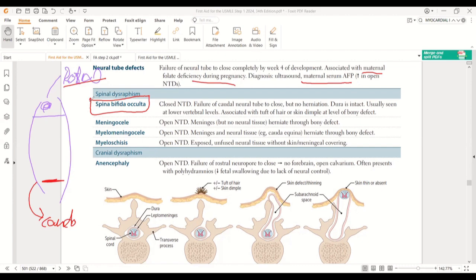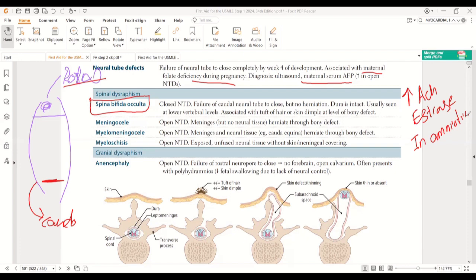It is normal in spina bifida occulta, right? So what will be the confirmatory test for the neural tube defect? The confirmatory test in neural tube defect is increased acetylcholinesterase in amniotic fluid, which is helpful for confirmation of the neural tube defect, right?